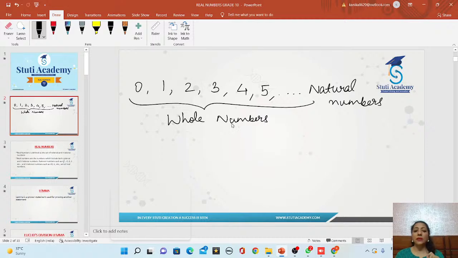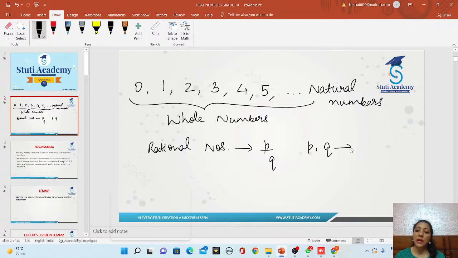Now, in grade 7 and 8, we started with a new collection, rational numbers. Rational numbers are those numbers which can be written in p by q form, where p and q are integers, meaning we can have negative and positive numbers both, and q is non-zero. Children, why is q non-zero?